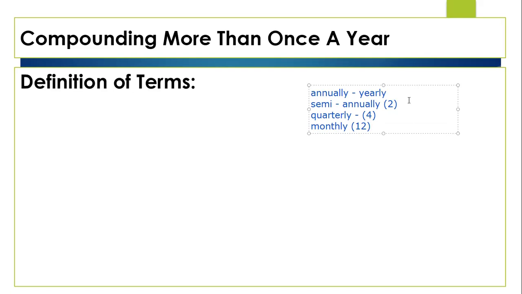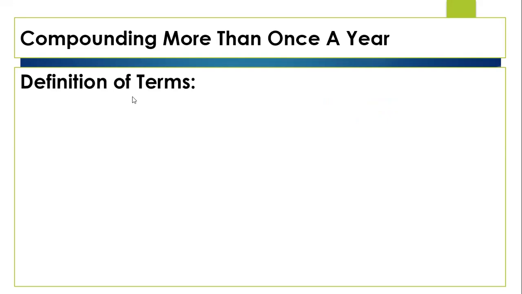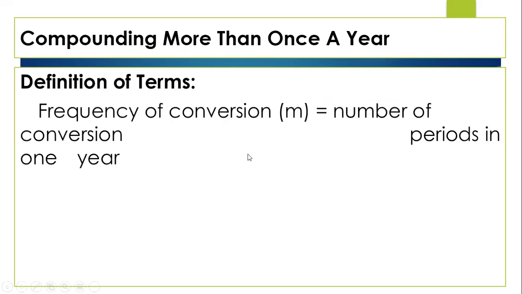Let's see how it works. So frequency of conversion, M, is equal to the number of conversion periods in 1 year. Yung M, yun yung pinakita ko kanina. Pag semi-annually, dalawang beses siya magko-compound interest.